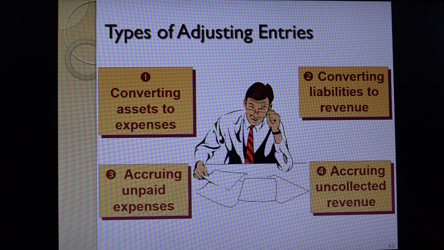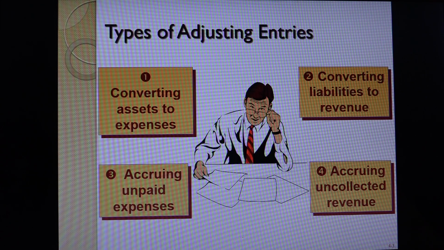Let's say you prepay for next year. You're going to record that in the current year as an asset, prepaid rent, and then as next year accrues the months of the year, you're going to expense whatever rent expense is used up. So you're reducing the asset, prepaid rent, and you're increasing an expense account called rental expense.